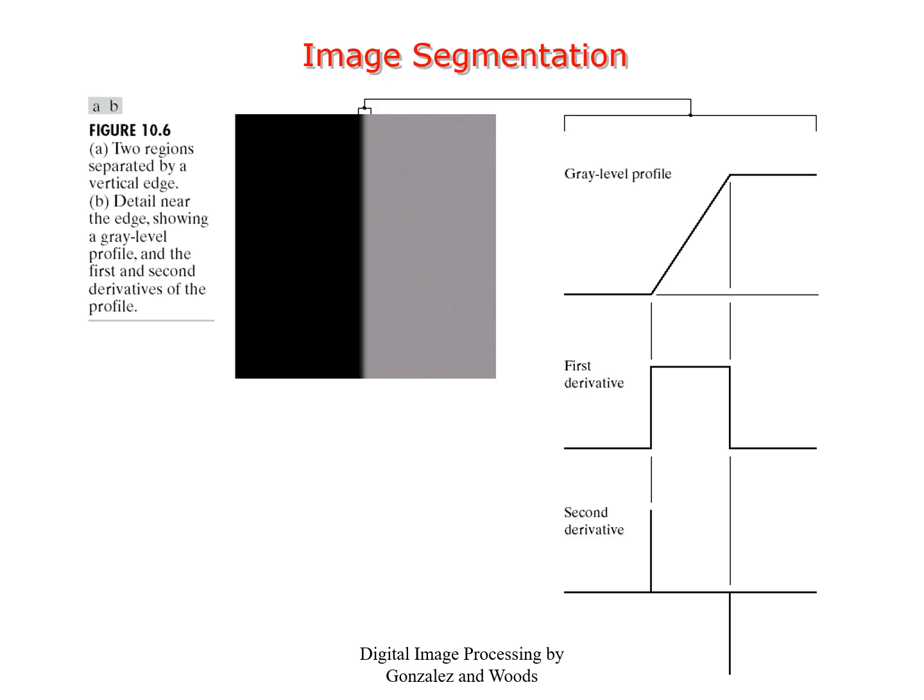The second order derivative produces two responses for every edge, and the line joining its positive and negative values crosses 0 at the midpoint of the edge. This is a very important property known as the zero crossing property.